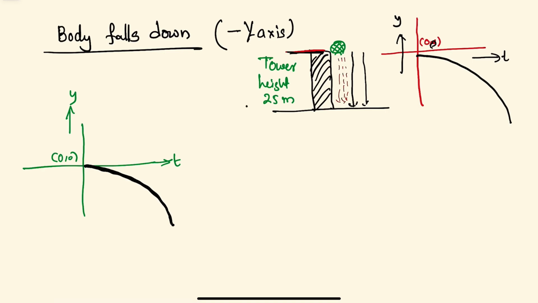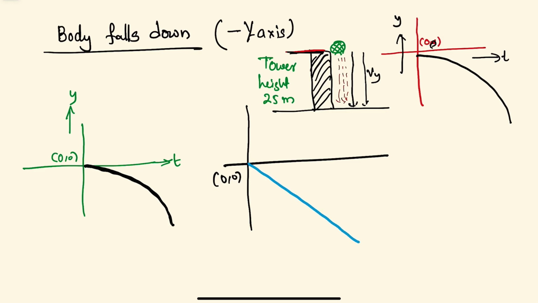Next, 0 comma 0. What is the velocity? As I said, Vy velocity. If you observe the slope of all the points, this is the velocity, which increases continuously as it strikes the ground. This is Vy.